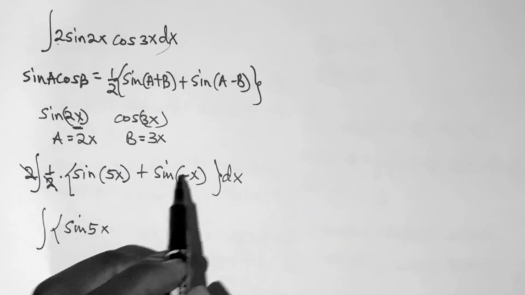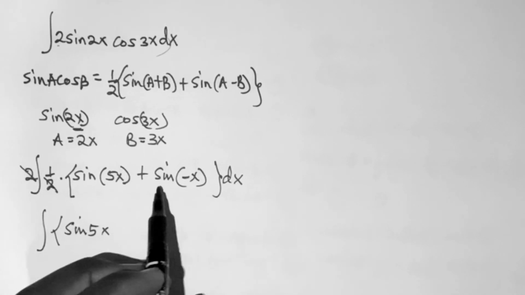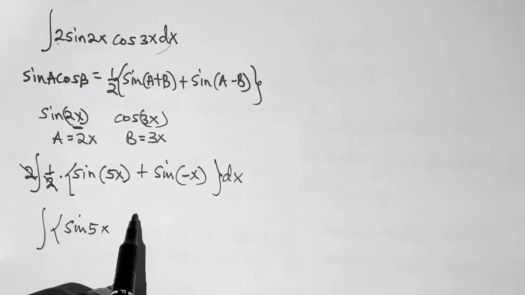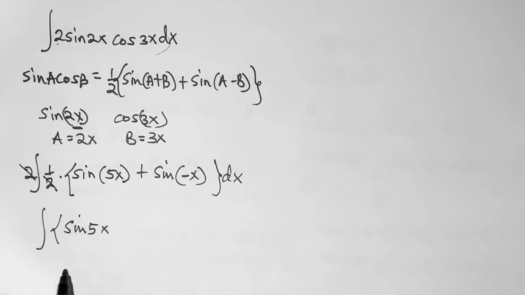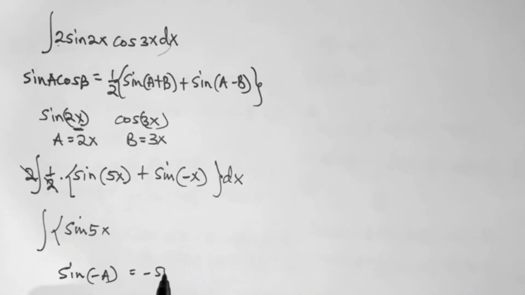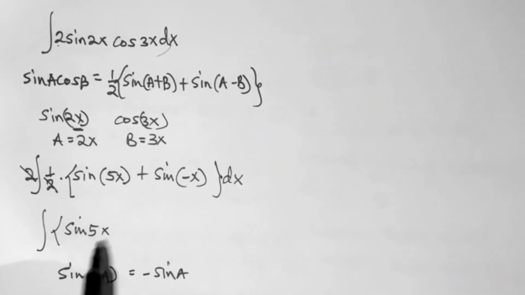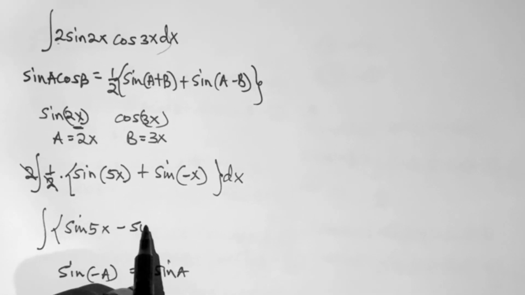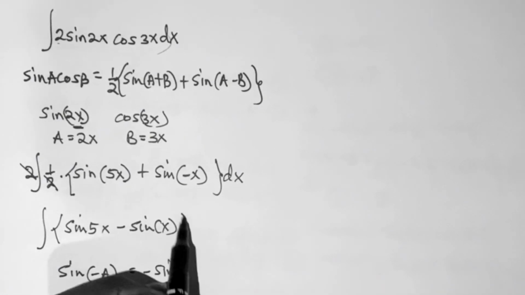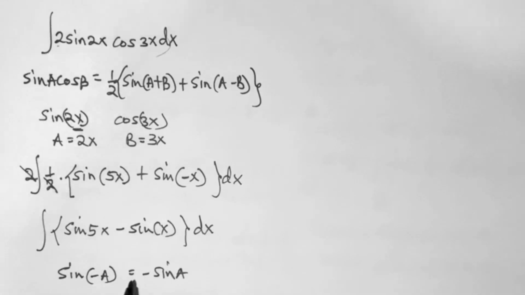and then now this is sine, the sine function is an odd function. What I mean is that sine(-A) is equal to minus sine A. That is an odd function, and therefore sine(-x) can become minus sine x, then bracket close dx.